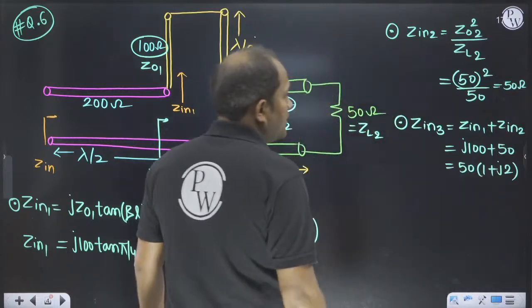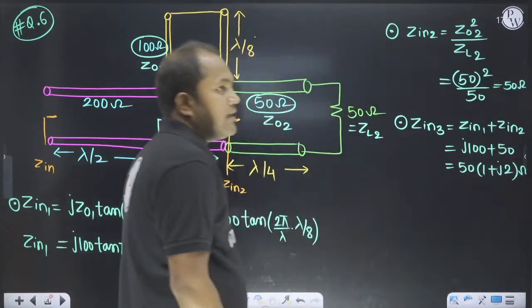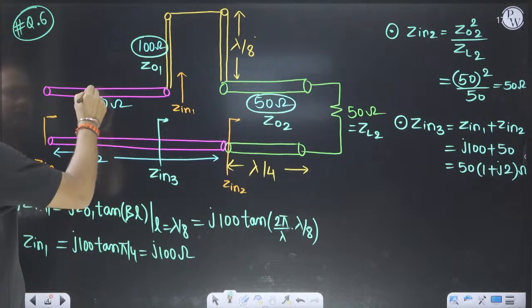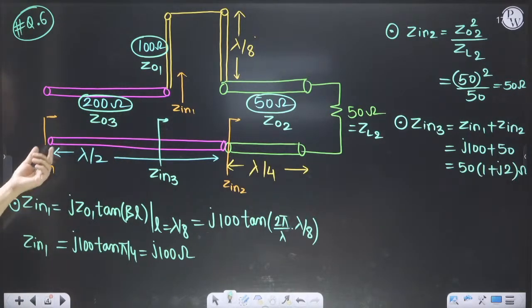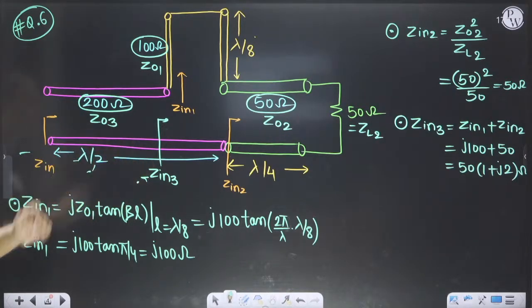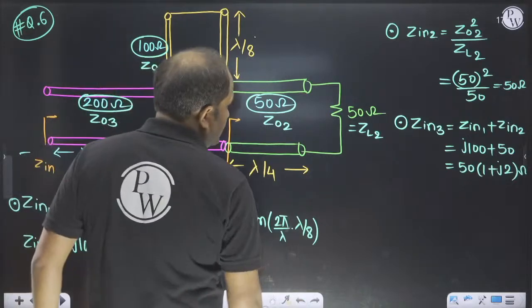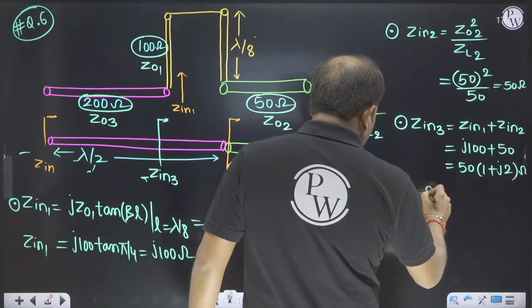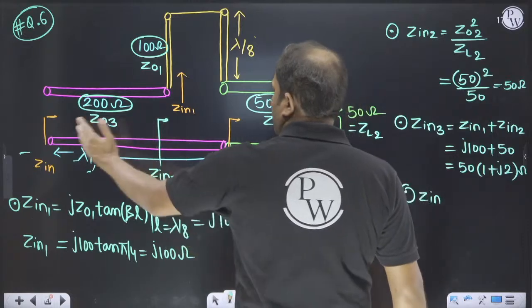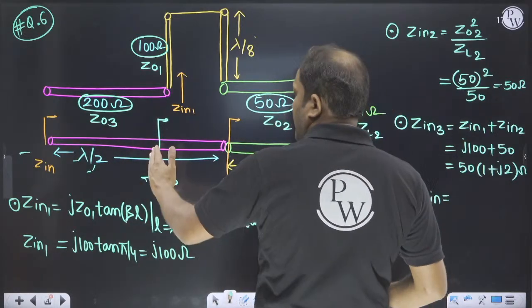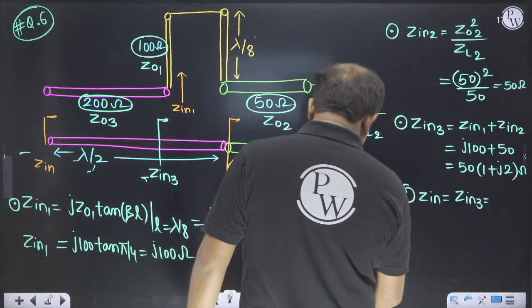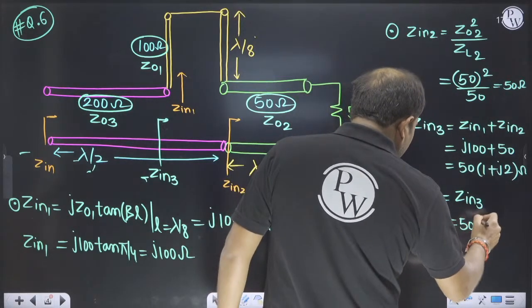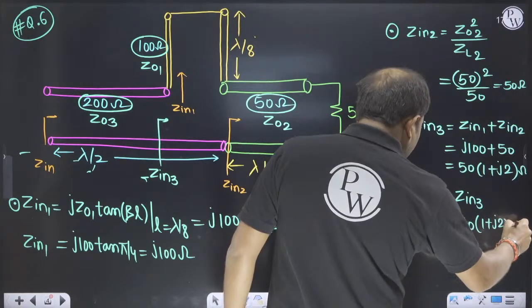This is the value of our Zin3. Then there will be a Z03 section. What will be the value of Zin? At lambda by 2, Zin is equal to ZL, and ZL is Zin3. So the input impedance is 50 plus j100.